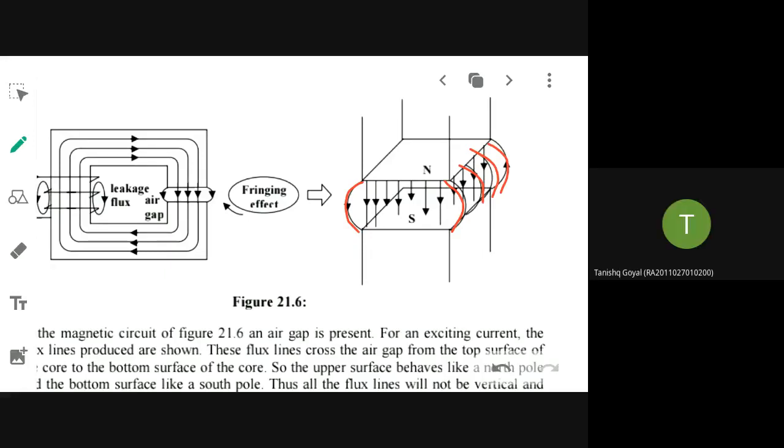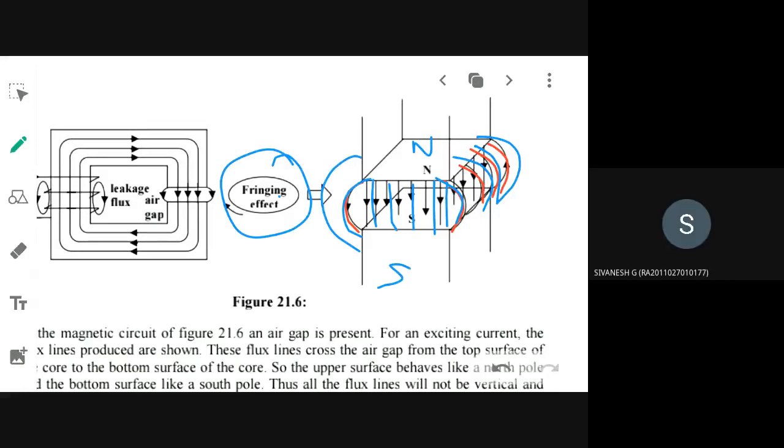Yes, ma'am. It should be actually straight. Between north and south pole, it should be straight. It should be occupying always the air gap area. But other than that, it is also bulging, like this. It's bulging out. So this bulging phenomena is called as what phenomena?